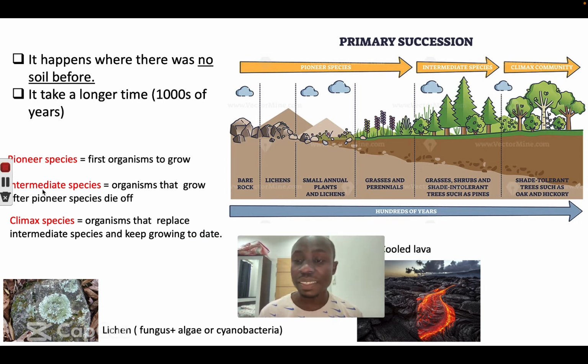Next is the intermediate species, and these are the organisms which will come after the pioneer species have died. And the last group of organisms, we call them the climax species, and these are the organisms that will come and replace the intermediate species, and they will keep growing forever, okay, until maybe the forest is burned, but they will keep growing.